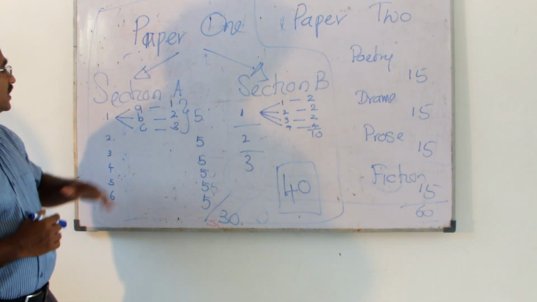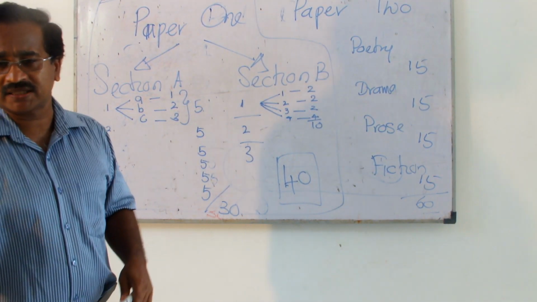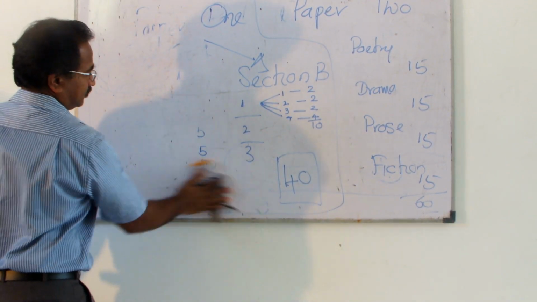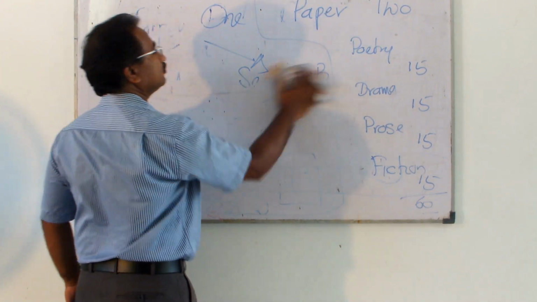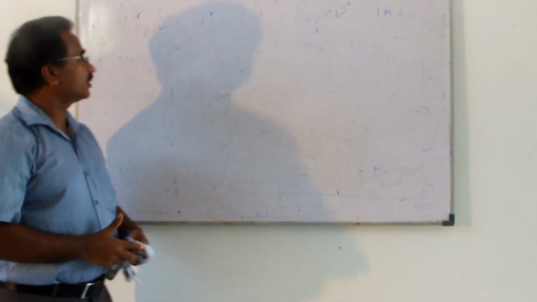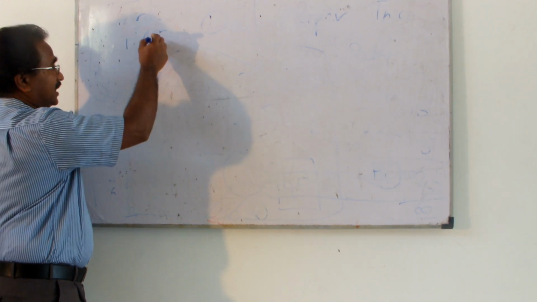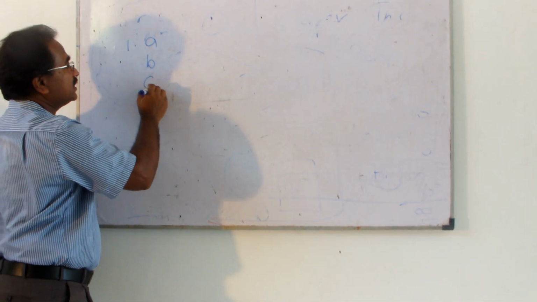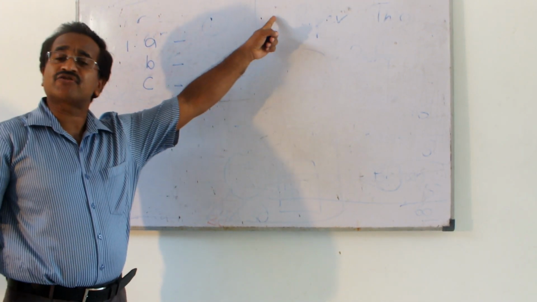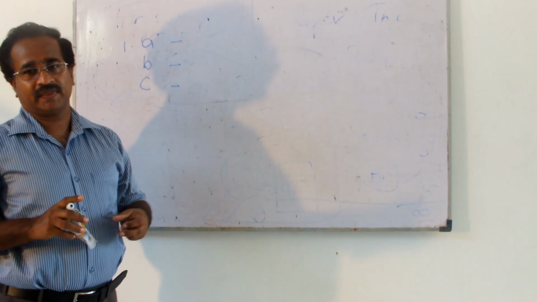Now I am going to discuss how the questions on section A offer you marks in detail. Section A, there are 6 questions. Each question has 3 parts, A, B, C. These are context questions where you are given an extract taken from poetry, drama or prose.